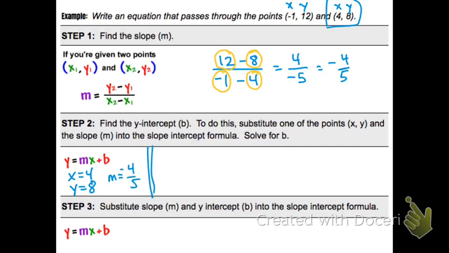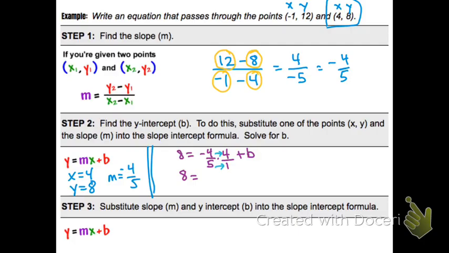So I'm going to substitute those into my equation here. And so when I do that, I have 8 equals negative 4/5 times 4 plus b. When I multiply that, negative 4/5 times 4, remember you just multiply straight across.